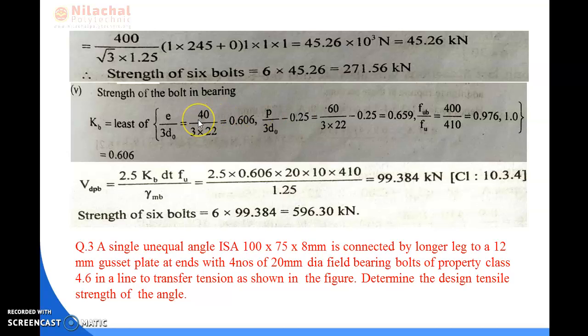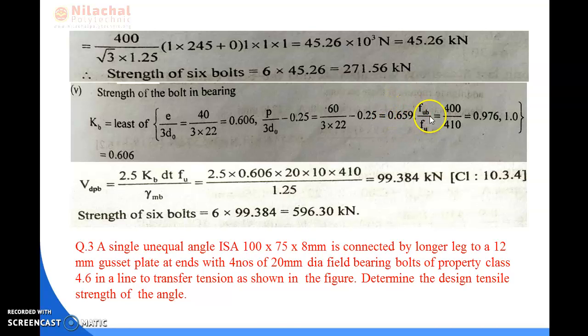So, by putting the value of e and d0 here, we got 40 by 3 into 22 as 0.606. And in the next formula, which is p by 3d0 minus 0.25, we got the value 0.659.